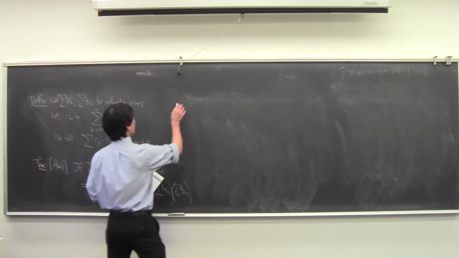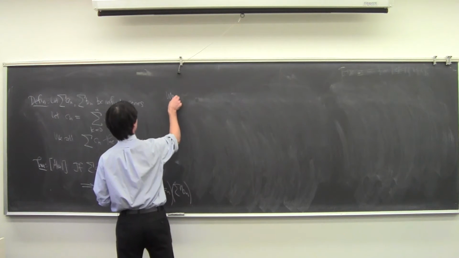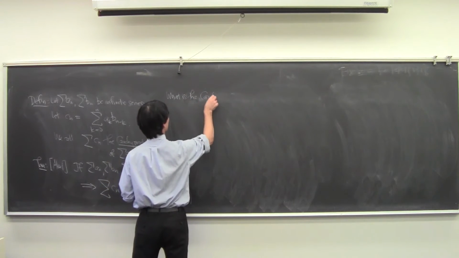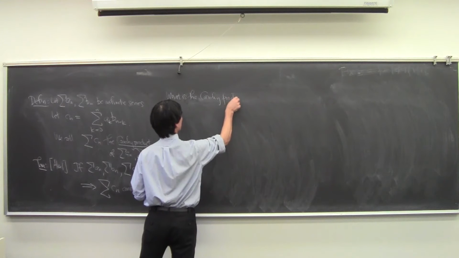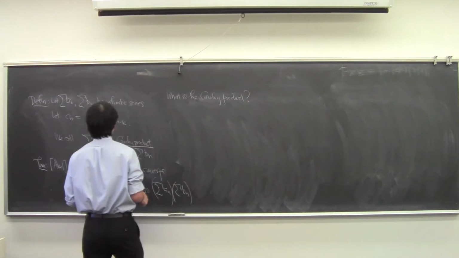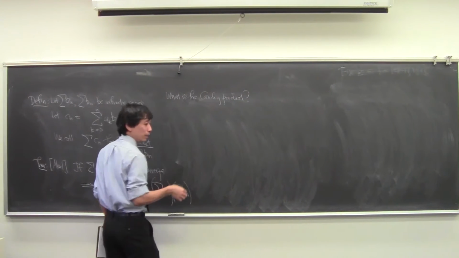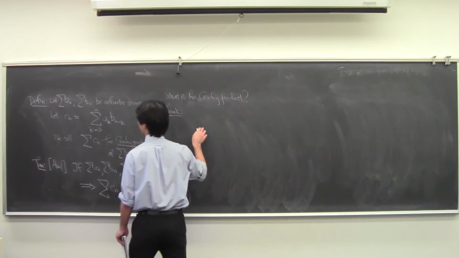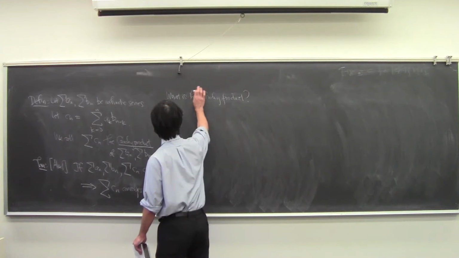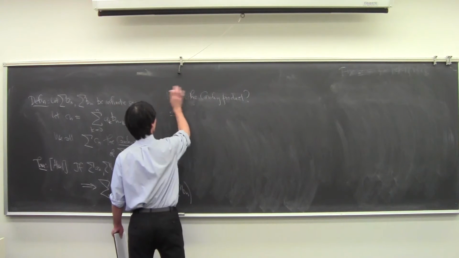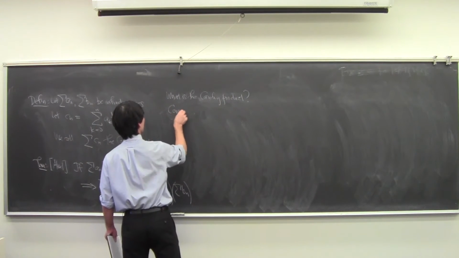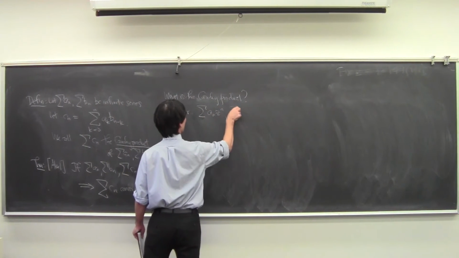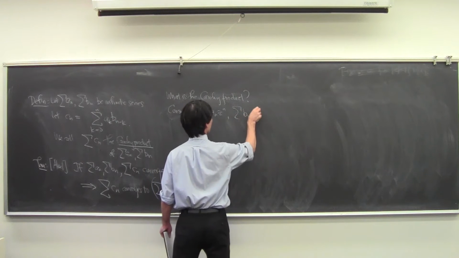Right. So the Cauchy product actually converges to the product. Okay. So you might be wondering, what is this Cauchy product? The way to think about it is, consider the sum of a sub n z to the n, and the sum of b sub n z to the n.